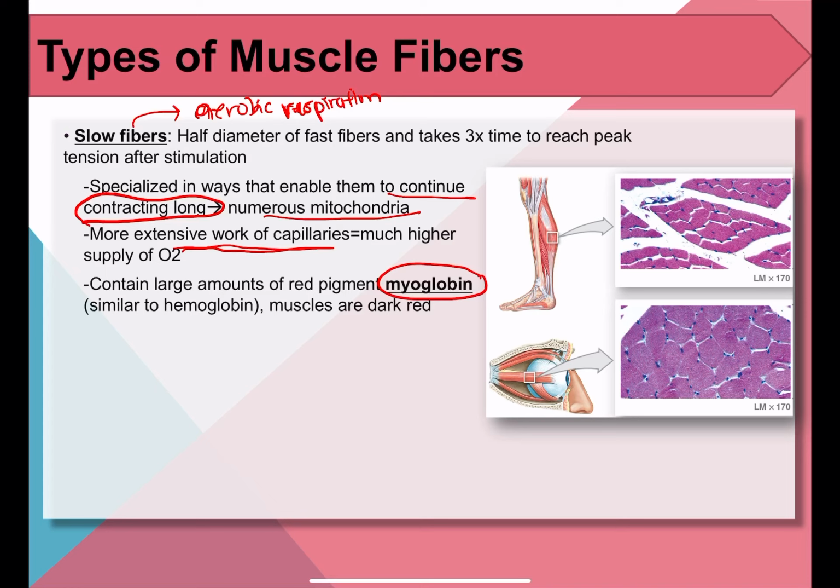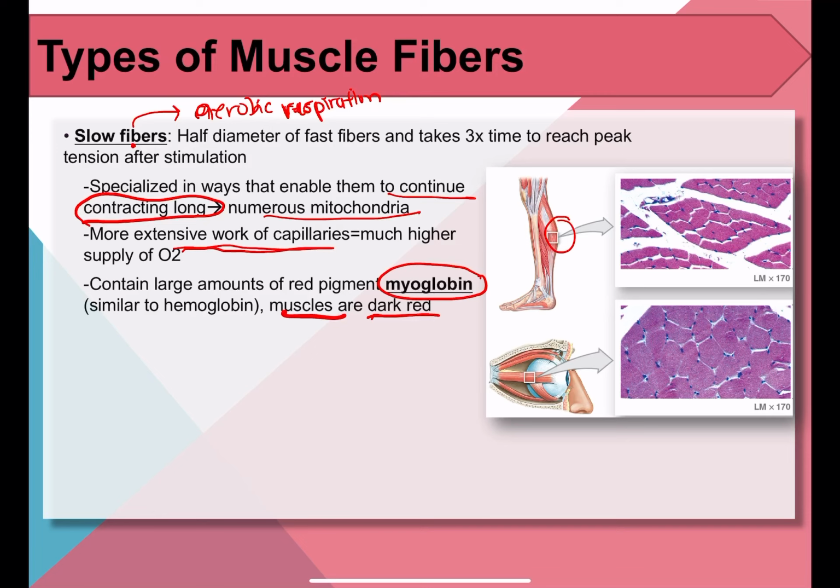So that's why muscles that are slow fibers usually look a lot more dark red in color. An example of slow fiber is the one in your gastrocnemius, which allows us to do more long-term running, walking, and things like that without feeling super muscle fatigue, just from doing a walk around the neighborhood, for example.